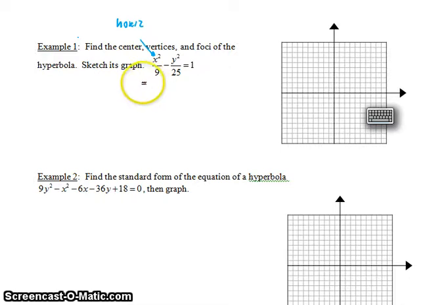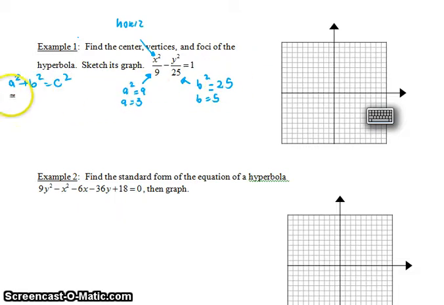Okay, so this first number is always going to be a squared, so my a squared is 9, which tells me that a equals 3. This number is always going to be b squared, 25, so b equals 5. And we can use the formula that a squared plus b squared is c squared.